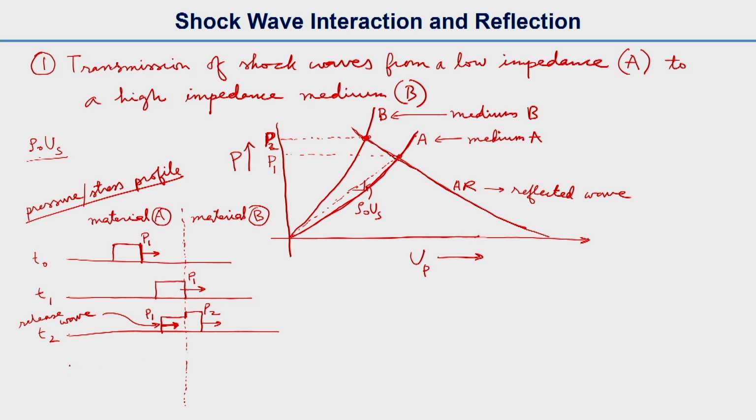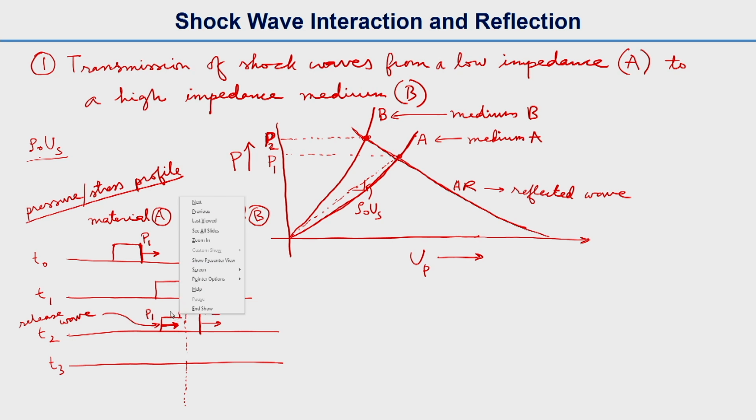And so at time t3, what will happen is, we will redraw this part a little bit. Why I have redrawn is because I did not show the reflected wave from the interface, so I will show you that.